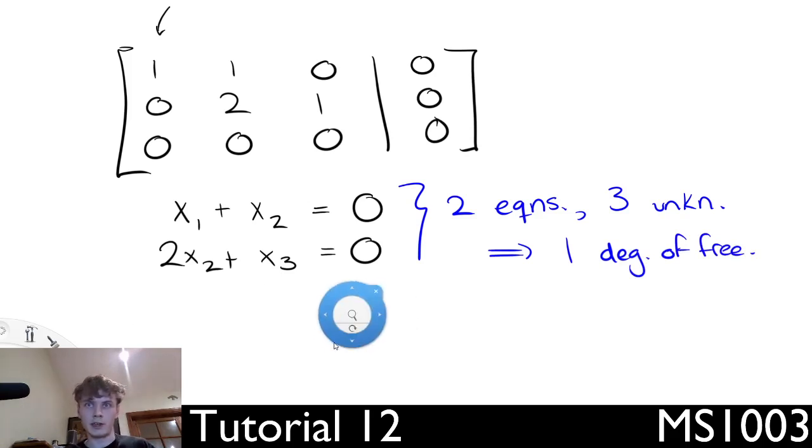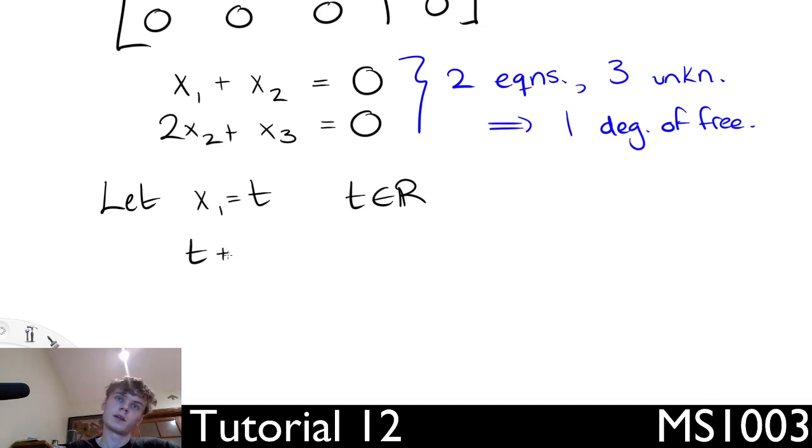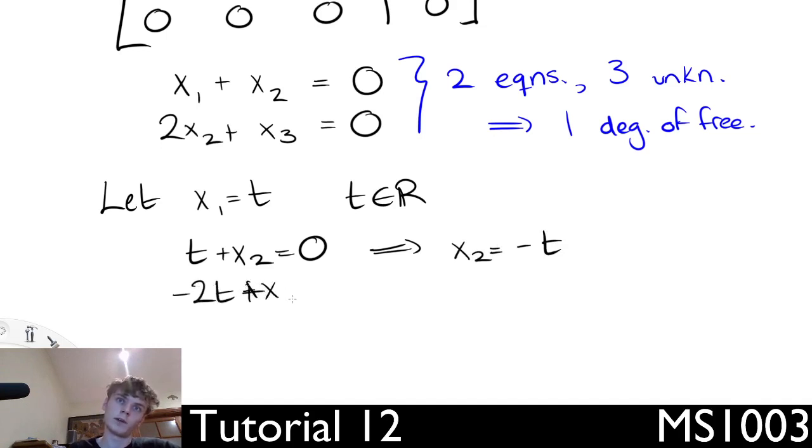All this will be writing in shorthand because you don't need to write it. So let x1 be equal to t. And my degree of freedom, t, any real number. So our first equation becomes t plus x2 equals 0, and that implies x2 is equal to minus t. Second equation becomes 2x2 plus x3 equals 0, that is minus 2t plus x3 equals 0, and that implies that x3 is equal to 2t.